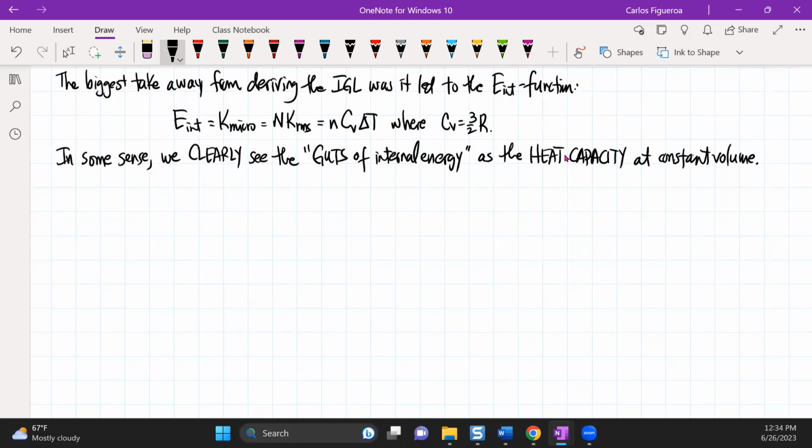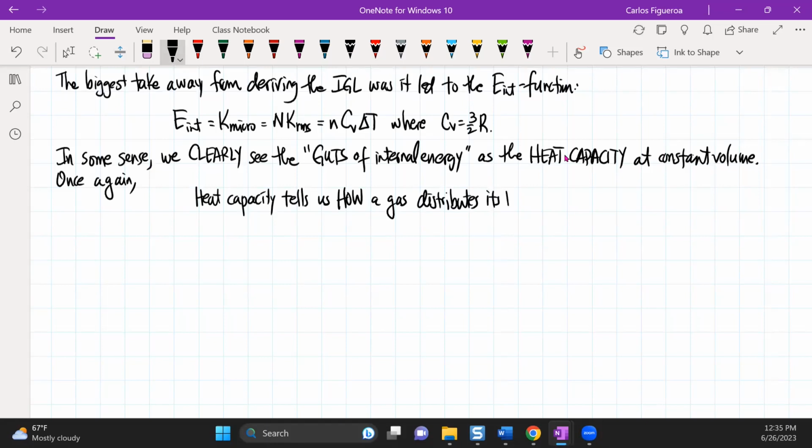So what did we say before, right? Once again, we said that heat capacity tells us how a gas distributes its kinetic energy.